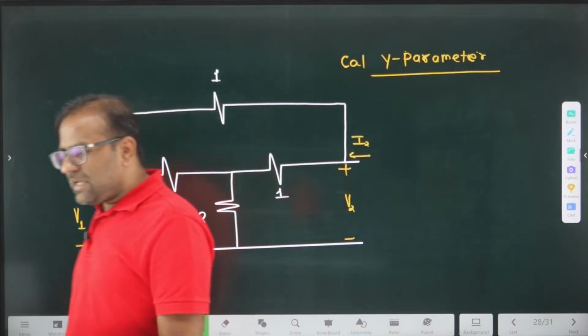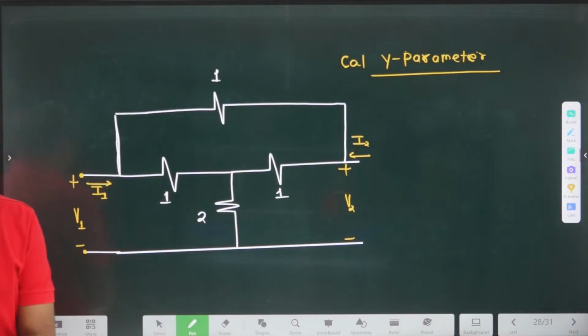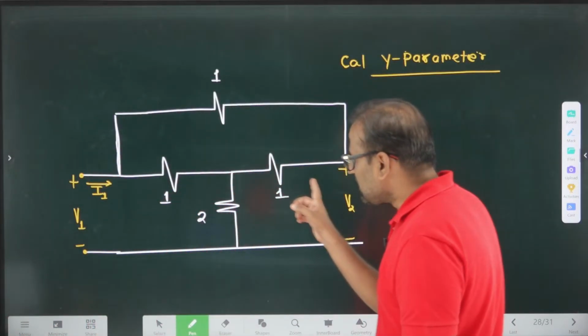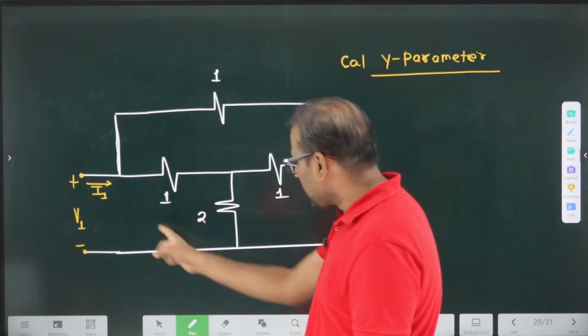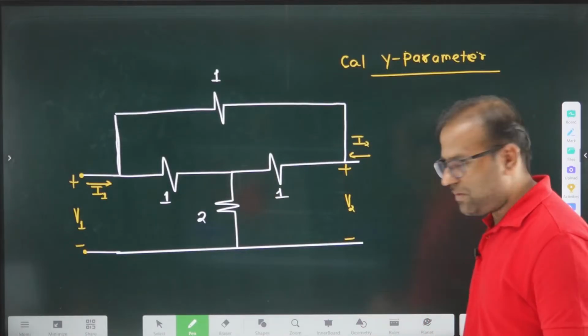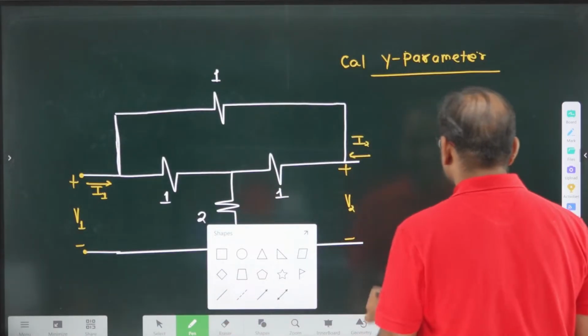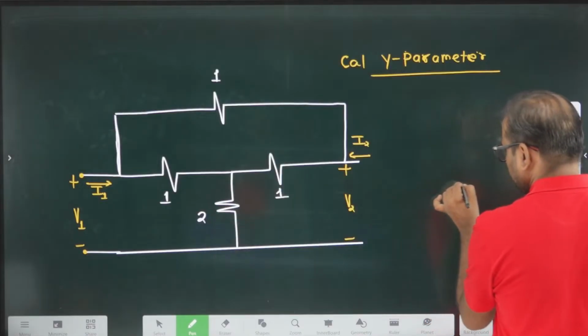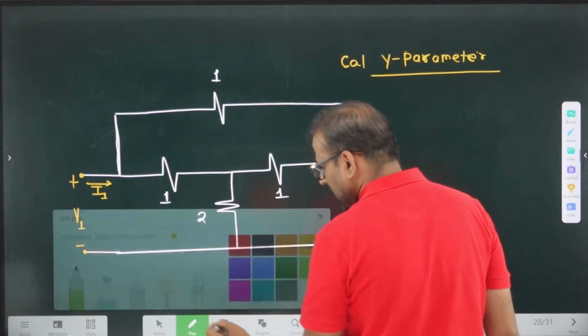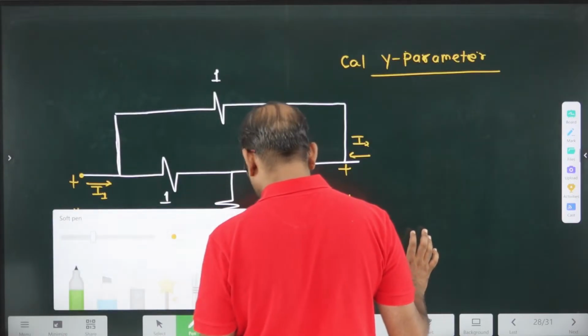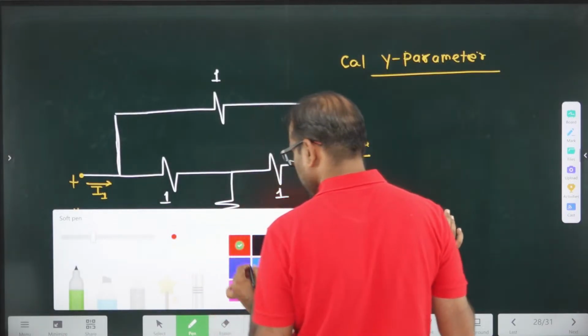So what is the agenda? The agenda is to convert this network into a delta network. When you look at this network, it is available in star form. So let's calculate the delta network for this system. Here, how will the delta network look?